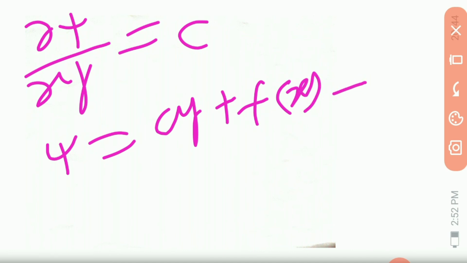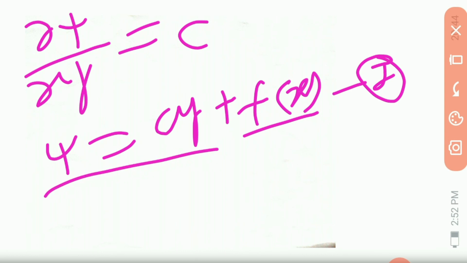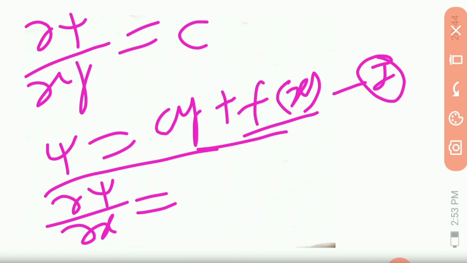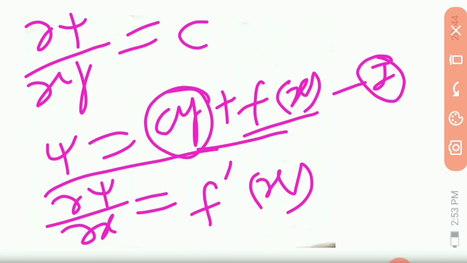Suppose this is number 1, where this f of x is an integration constant, and therefore we differentiate this psi is equal to c y plus f of x with respect to x. Then we get dou psi by dou x is equal to f dash x. Differentiation of c y with respect to x is 0, and we get this is f dash x.